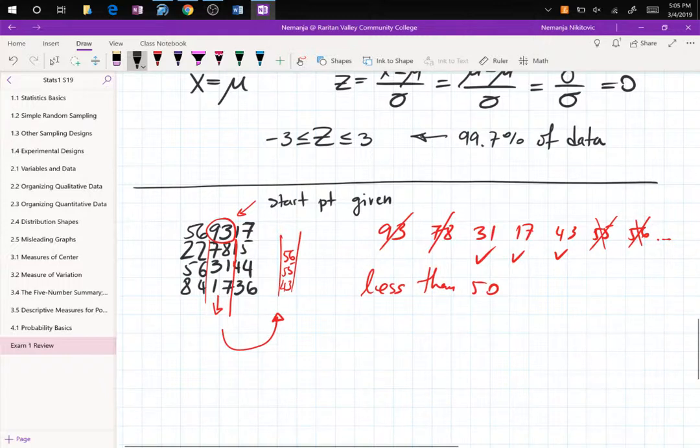So that's what standard deviation measures. It measures the variance in data, and it can't be 0 if your data points are different numbers.